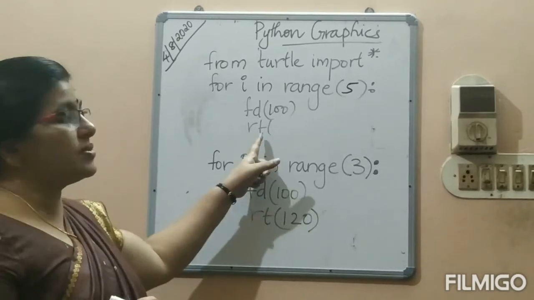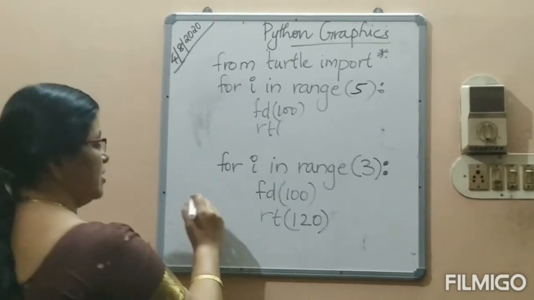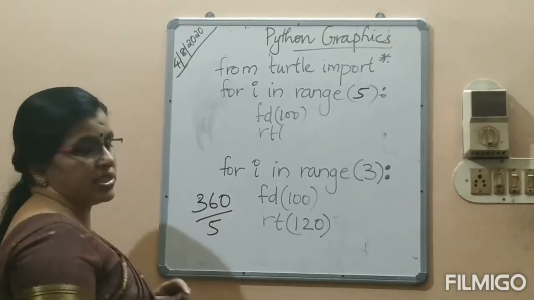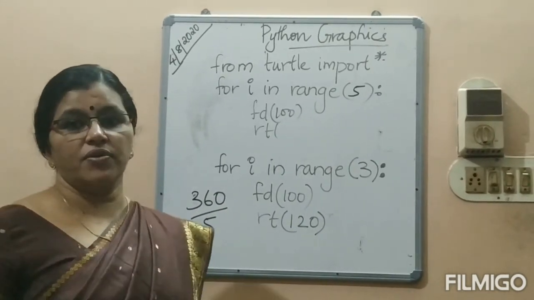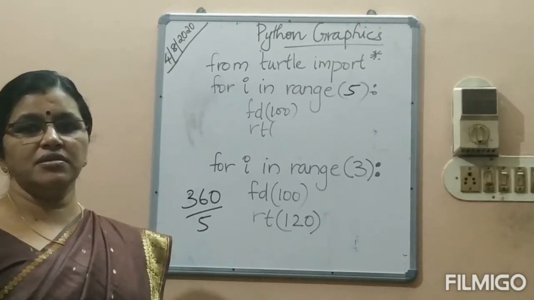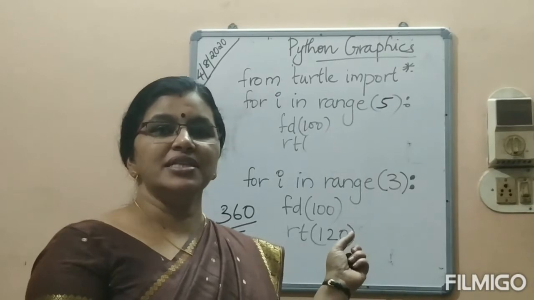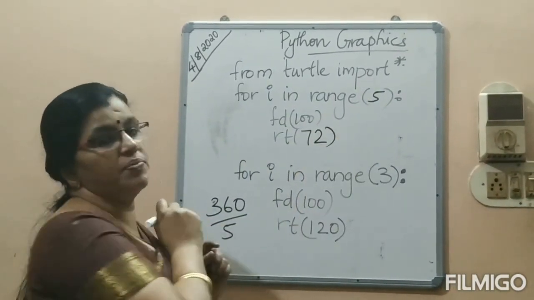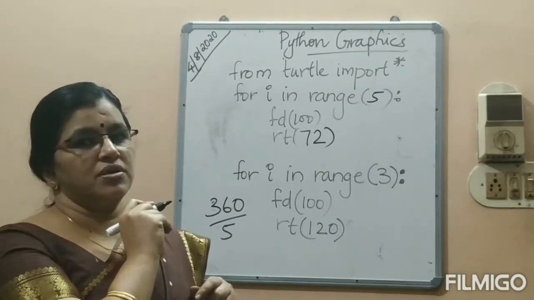Then how will you find out the number of turns? 360 divided by 5. What is the answer? The answer will be 72.